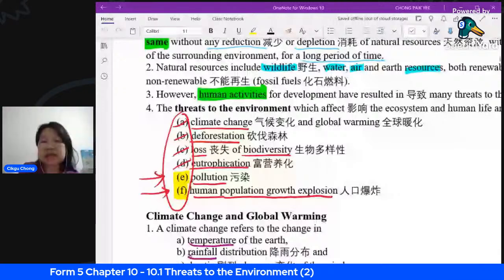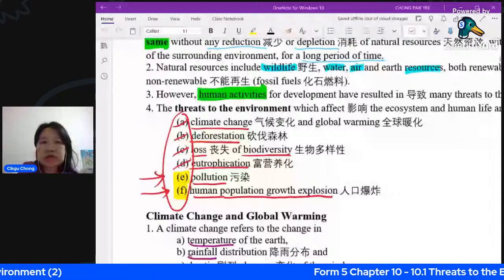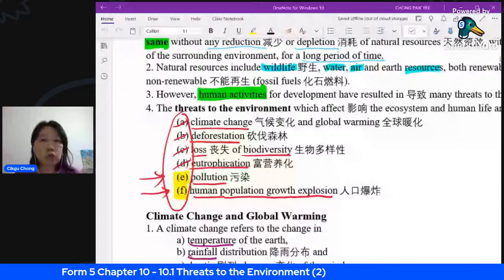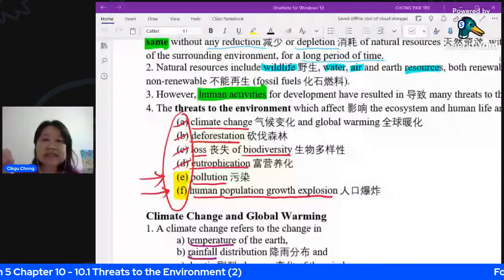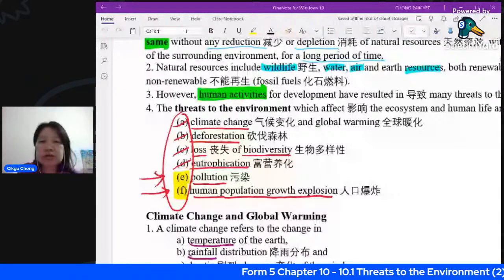In what aspect? In the chemical aspect, that means the chemical composition of the air or of the water has changed. Or the physical, meaning the components, what is inside the air, what is inside the water. And the biological aspect of nature. So all this would have changed, and it changed for the worse.